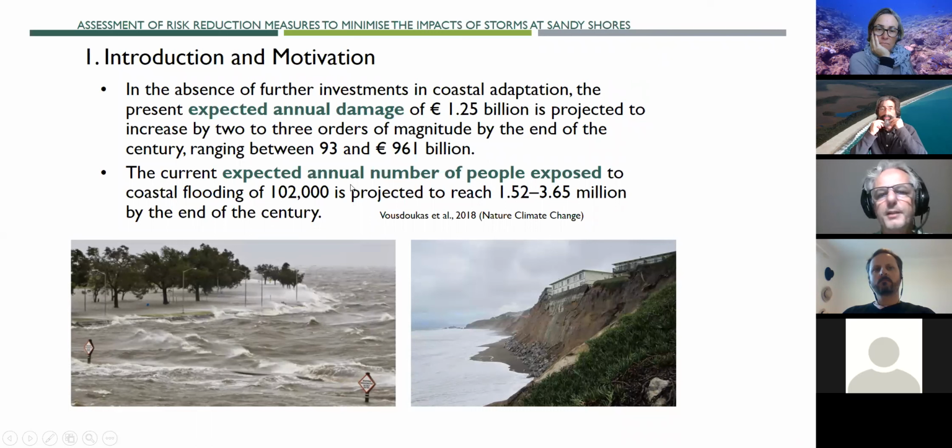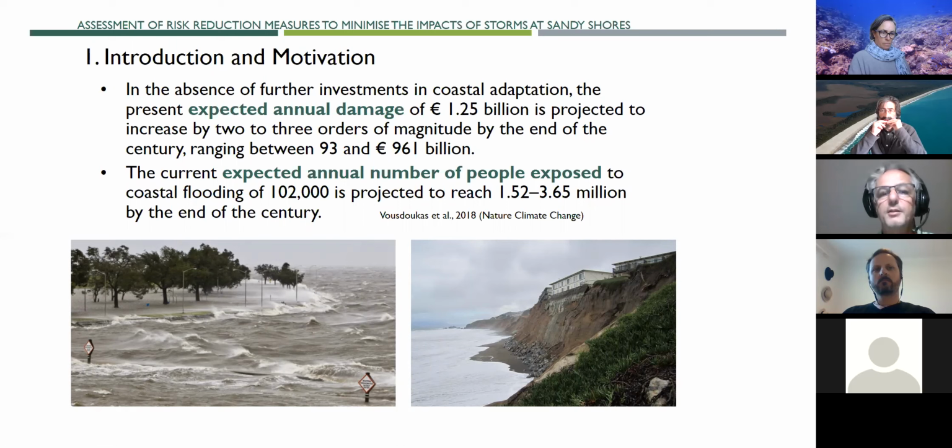The current expected annual number of people exposed to coastal flooding in Europe is about 100,000 people, and I think this number is small if we take into consideration just Venice, for instance. This is probably a low number. It is projected to increase by the end of the century to 1.5 to 3.7 million people that can be exposed to flood every year in Europe.